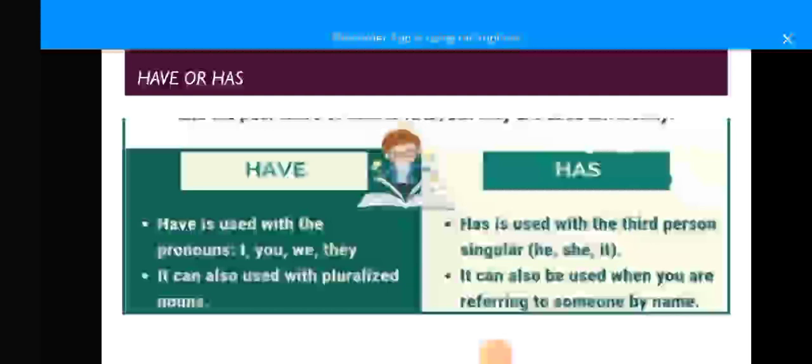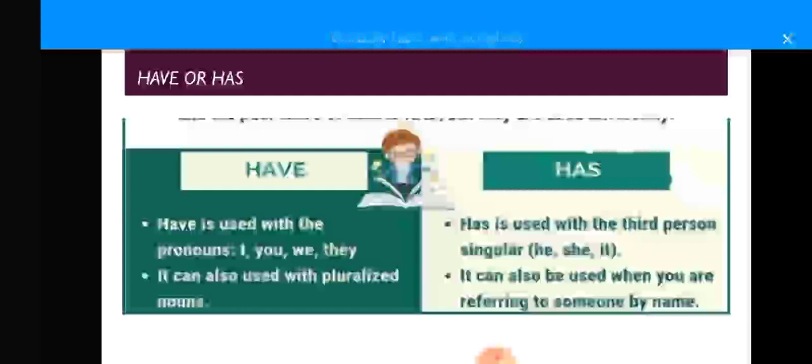Our second topic is have or has. What is the difference between have and has? Have is used with the pronouns I, you, we or they. It can also be used with plural nouns, right?